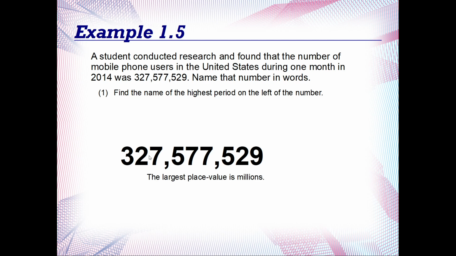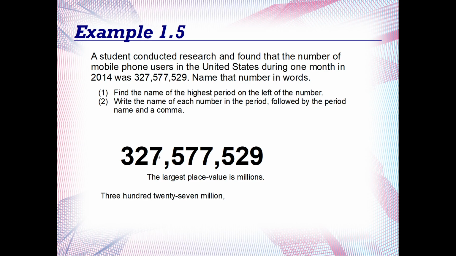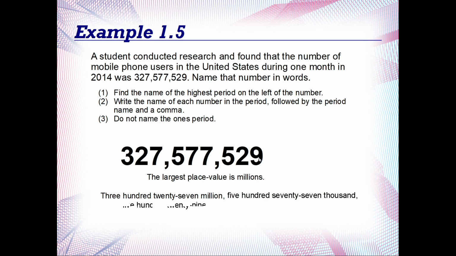And then we're going to write the 3-digit number in the millions place and the word million. Okay, so we start with 327 million. Next we have 577,529. We do not name the ones period. And we make sure everything is separated by a comma.